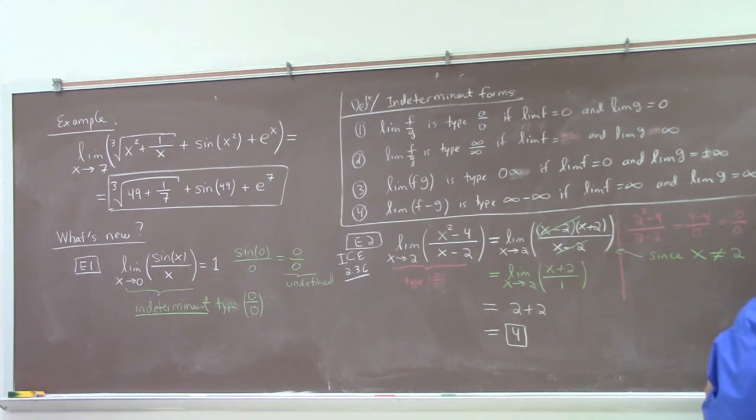let's look at the limit as x goes to, let's say, 3 of x plus 3 over x squared minus 9.